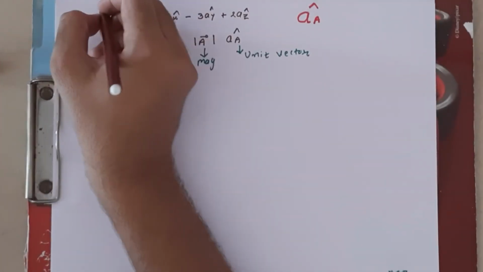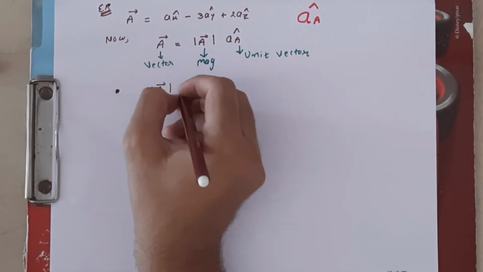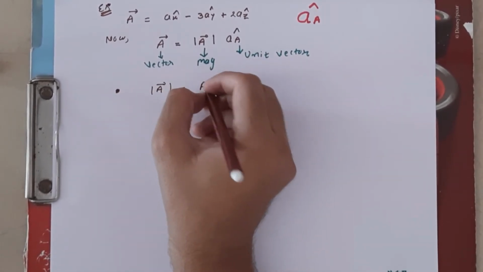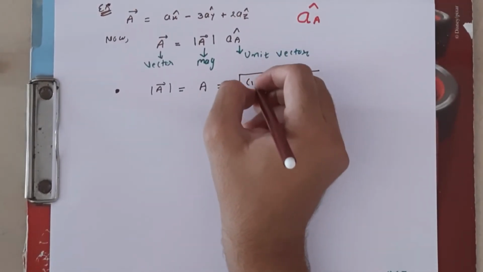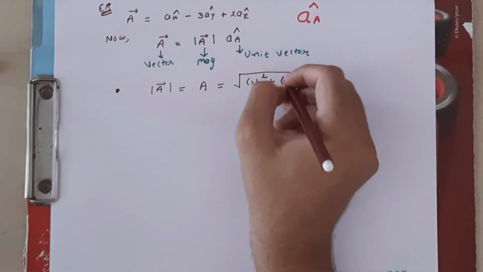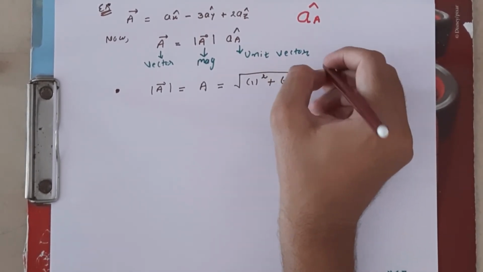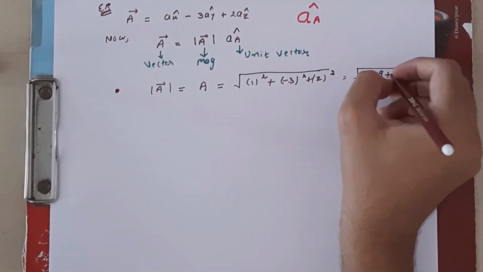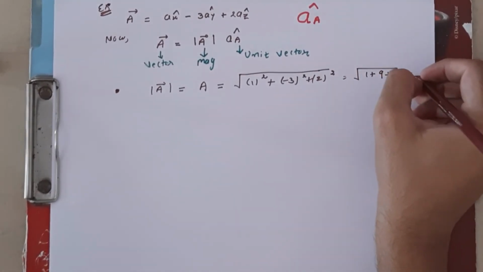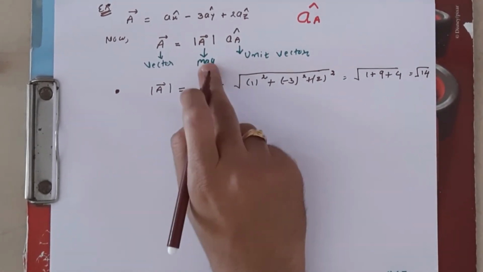The magnitude of vector A, or you can write just A, is nothing but under root of 1 square plus minus 3 square plus 2 square. So it is 1 plus 9 plus 4, and the answer is under root of 14. This is the magnitude of the vector.